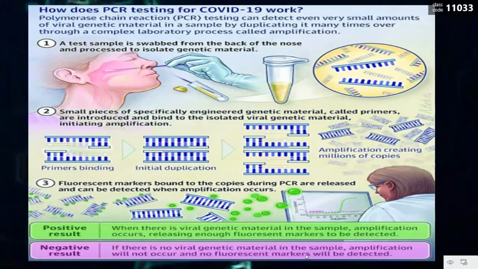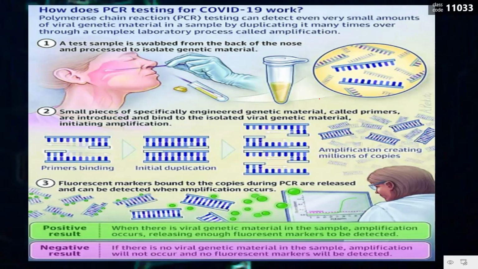The other one is what it is called, PCR, di ba? We call that the RT-PCR test. Di ba kapag you need to confirm, kasi dati yung antigen test, hindi pa siya ganun ka-accurate, di ba? Minsan nag-false positive, false negative. So you need to conduct a RT-PCR test.